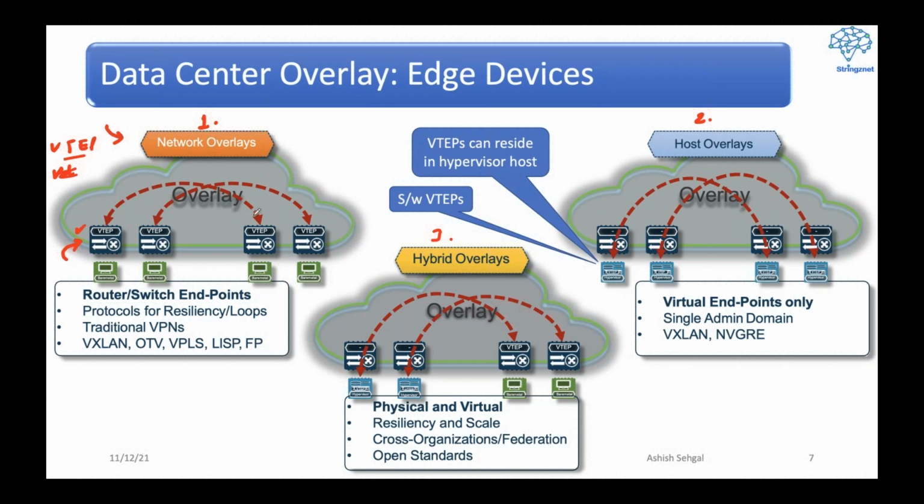Now the overlay, that is a tunnel, is being formed between one VTAP to other VTAP. These VTAP devices, physically, they are the physical devices or physical switches. Point number one.